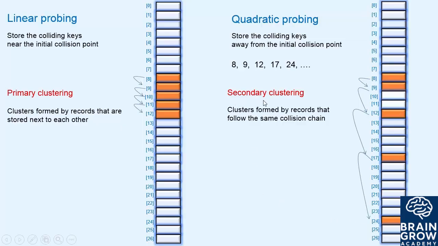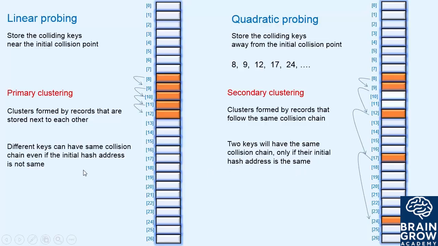Now this secondary clustering problem is less severe than primary clustering problem, because here two keys will have the same collision chain only if their initial hash address is the same. In primary clustering, different keys can have same collision chain even if the initial hash address is not same.